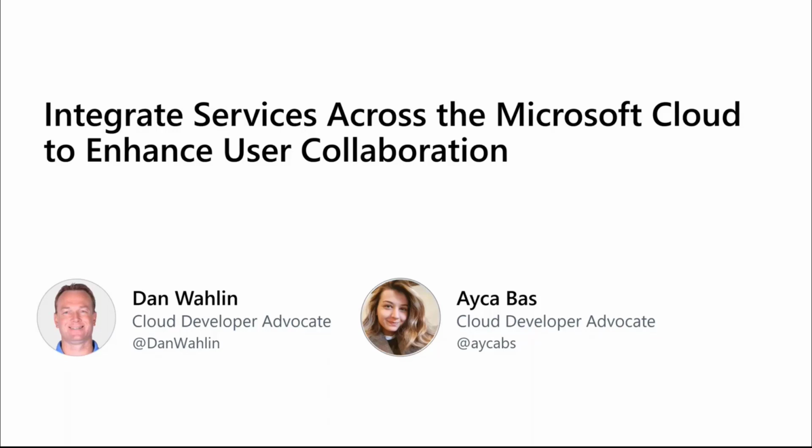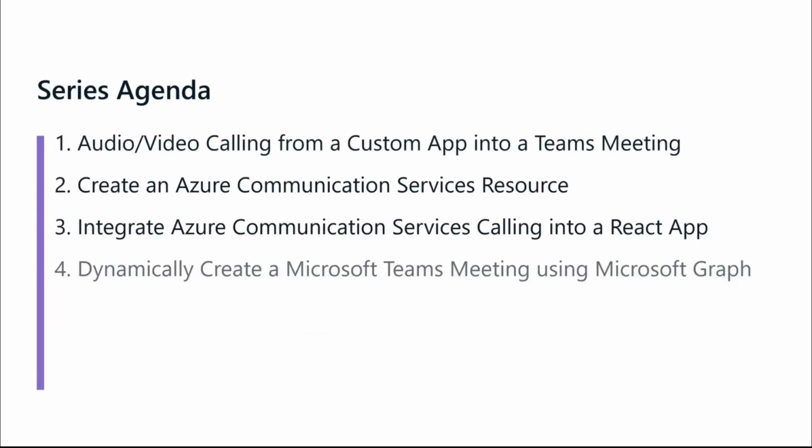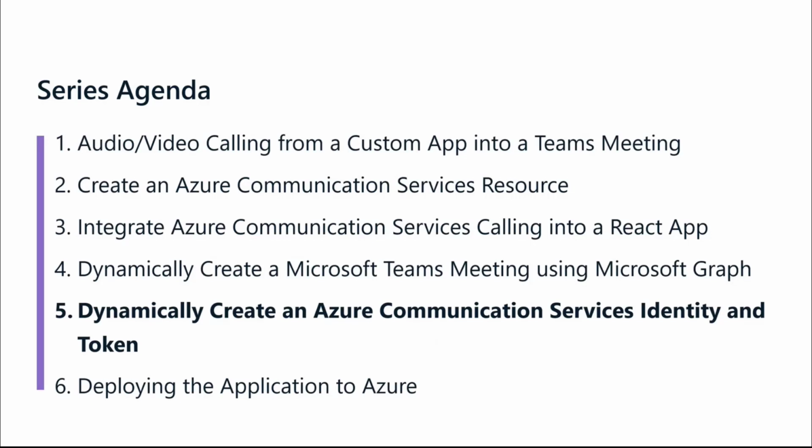This session is part of the series. We already did a lot at the beginning of the series. First, my colleague Dan was here to talk about how we can bring audio and video calling from a custom app into a Teams meeting. And the second week, he was here again talking about how we can create an Azure Communication Services resource on Azure.